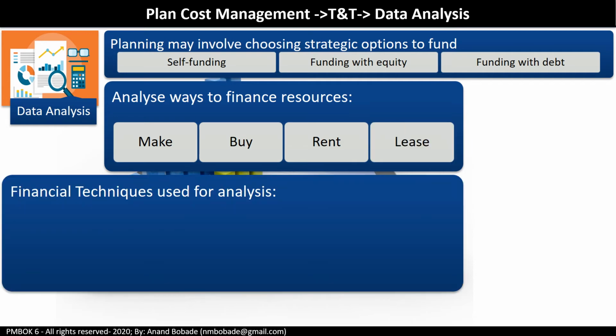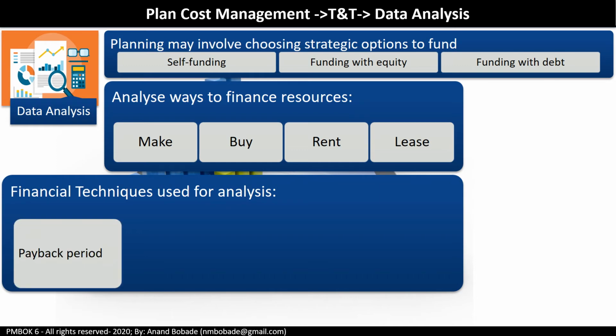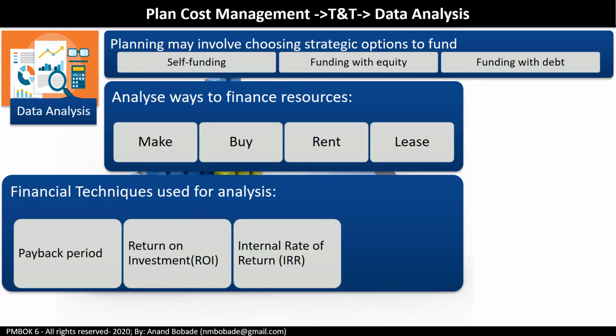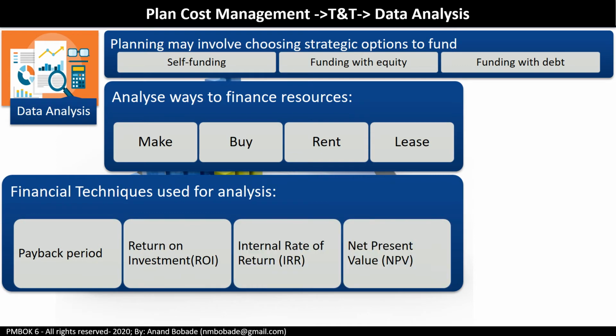Experts will use financial techniques for analysis to support the planning. So techniques like payback period, return on investment, internal rate of return, net present value. So these techniques will be used to do certain planning. We will learn about these techniques and some of the associated formulas in detail in another session.